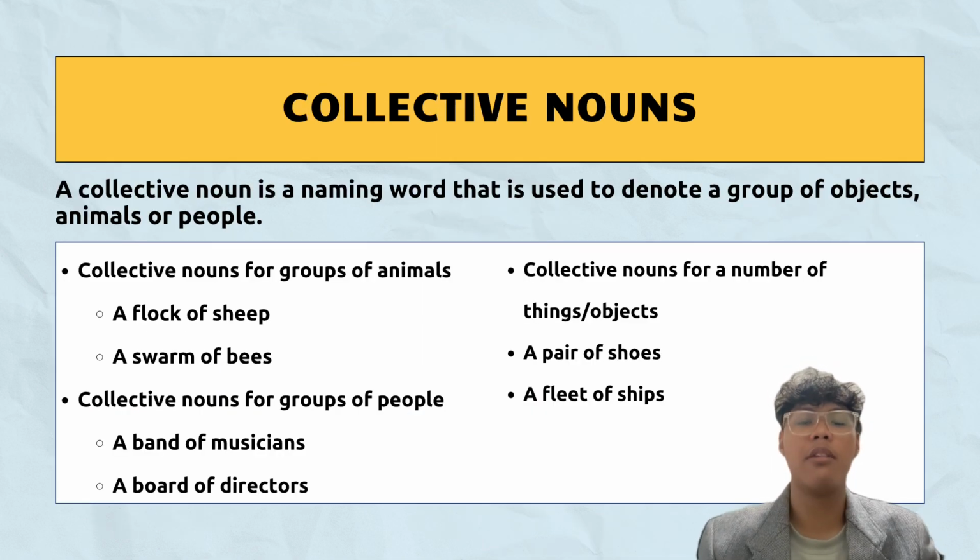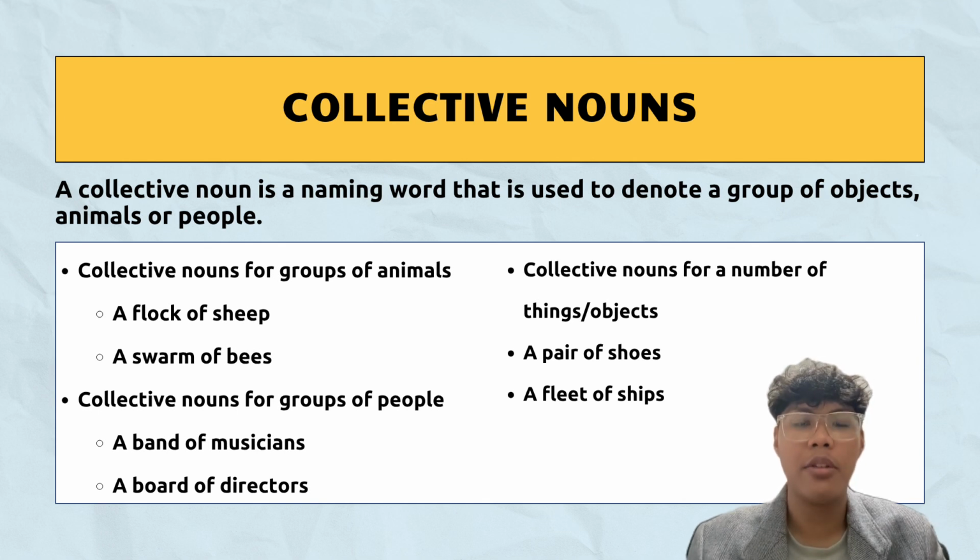Okay everyone, so now I will be explaining about collective noun. A collective noun is a naming word that is used to denote a group of people, animals, or objects. So for the first example, if you see a lot of sheep or a lot of bees somewhere, you can simply say, I saw a flock of sheep, and I saw a swarm of bees.